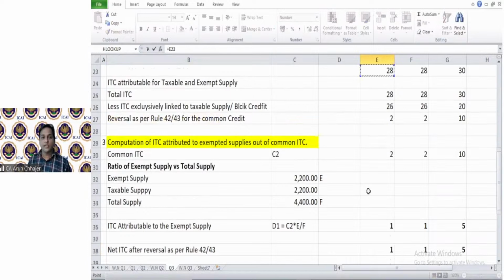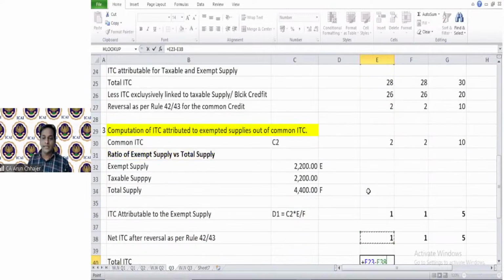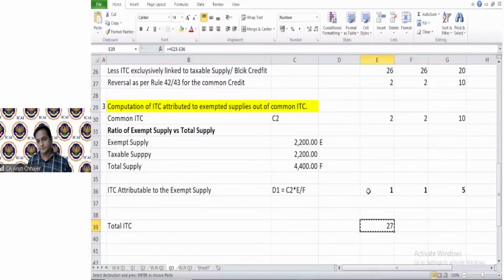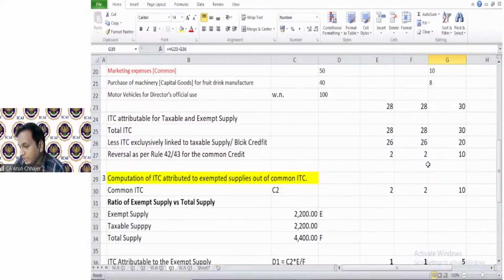How much is the total ITC? 28 minus 1. Any doubt? Any doubt till here?